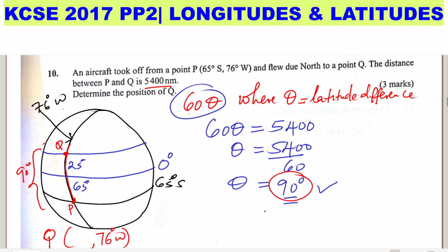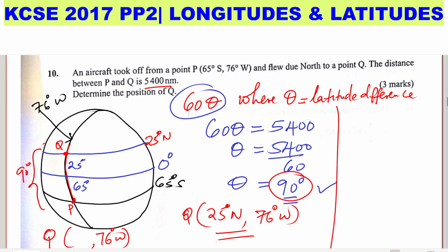So what is remaining is 25. If that is the equator, it means Q is 25 degrees north of the equator. That is how you get it, and therefore the position of Q will be 25 degrees north and 76 degrees west.